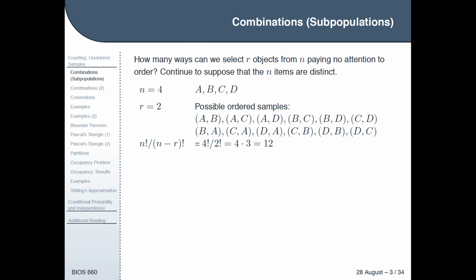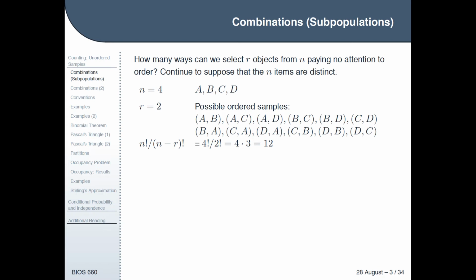The general question we want to answer, as it says here, is: say you're selecting r objects from a population of n objects and order does not matter, and we'll suppose for the time being that the n items are distinct. So let's say that we have 4 objects. Then, as you'll recall from Tuesday's discussion, there are a total of 12 possible ordered samples, each of which is listed here.